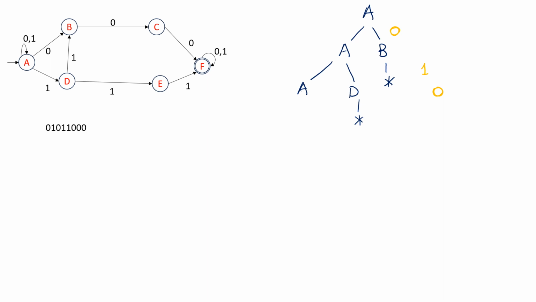Now, from A, I can go to either A or B, reading the next letter, which is 1. But again, from B, I can't read a 1, so I'm going to end up failing again.